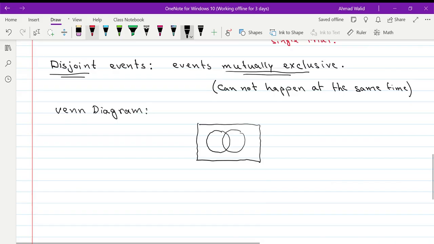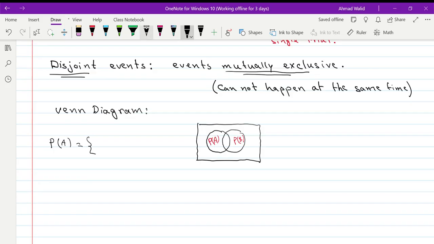If I name my first circle P of A, and the second circle P of B, you see these two circles, these two sets, actually they are sets, right? For example, if I write this in set notation, your P of A is this set.